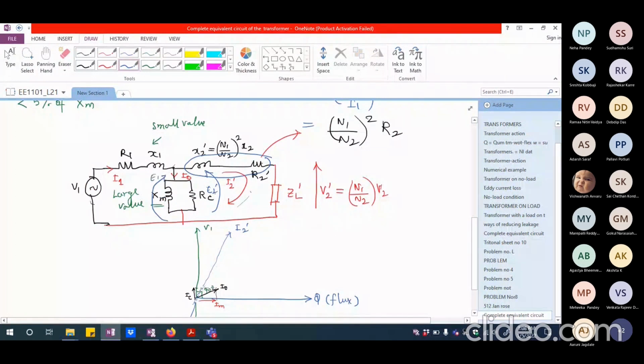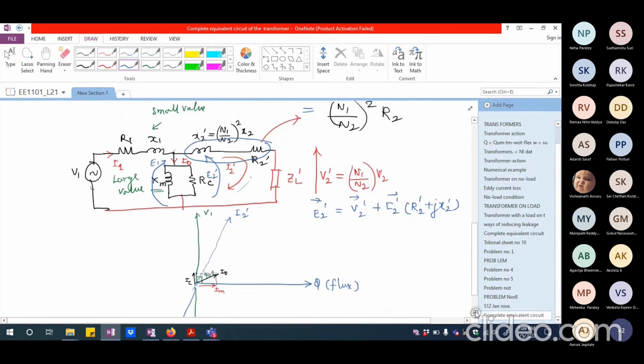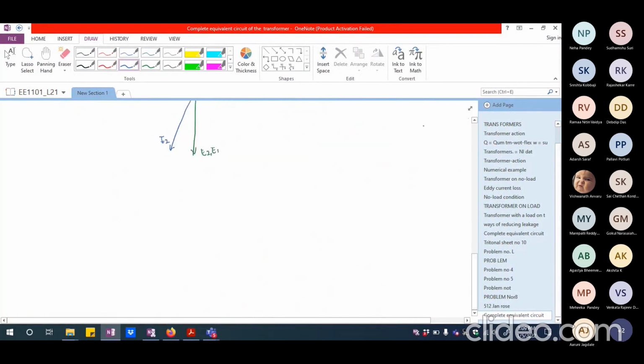Both of them are one and the same. Okay. So I should say E2 dash will be equal to V2 dash plus I2 dash multiplied by R2 dash plus JX2 dash. Okay. Is that clear? So I can first of all look at what is V2 dash from here. I don't even know what V2 dash is.